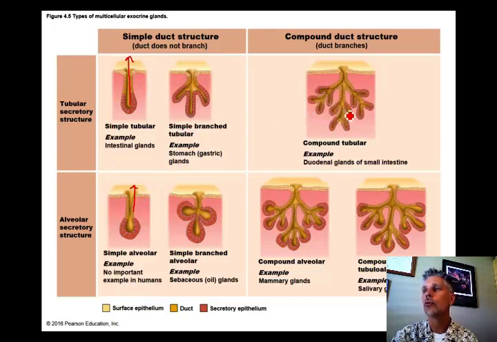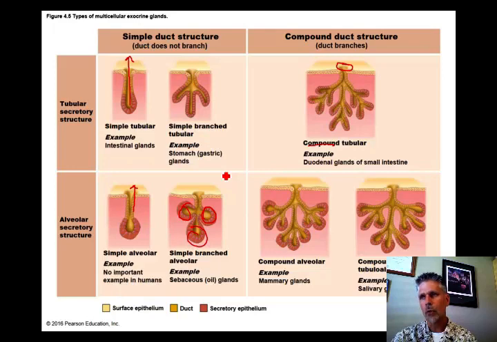Compound, we have groups of secretory cells that are secreting into multiple ducts that then come out to the surface. So this is called compound instead, duct branches. And then it's a question of whether it's like tubes, whether it's actually round, like alveoli, like we see here. Those are some of the ways that our different glands can be categorized.